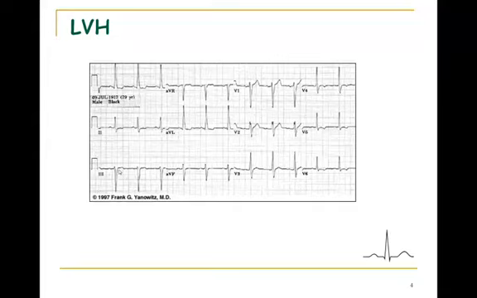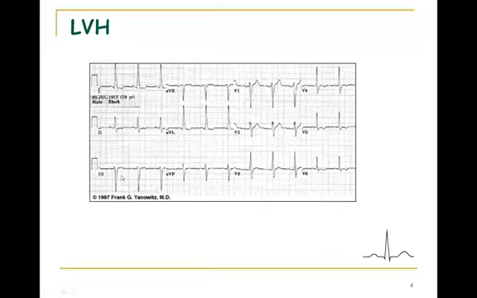But the quick, down and dirty way of trying to determine someone may have an axis deviation is to look to see if you see a lot of negative voltage in any of your standard limb leads. I see a lot of negative voltage in lead 3, which would indicate a left axis deviation, which you would see with left ventricular hypertrophy.